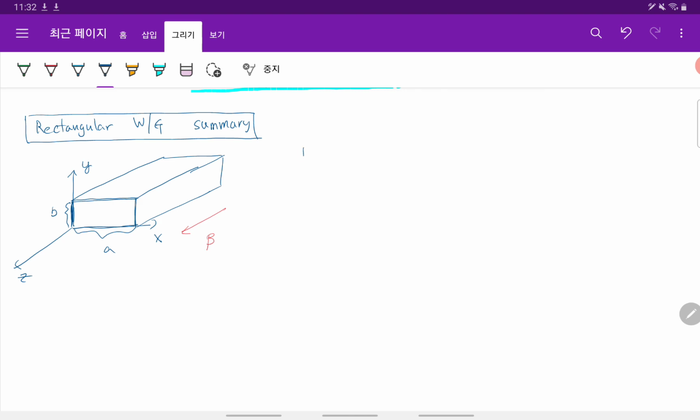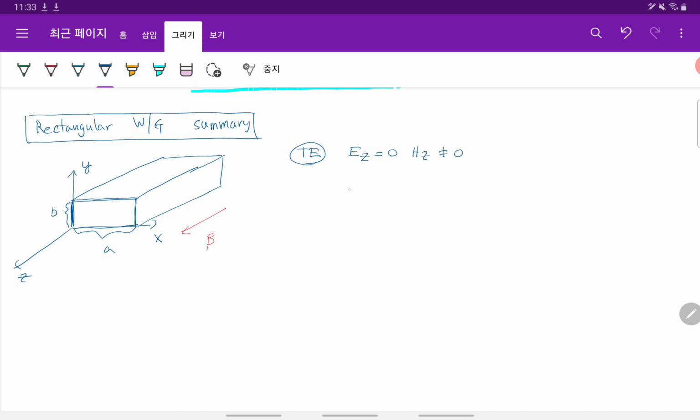For the TE case, TE means transverse electric, so Ez should be 0 and Hz should not be 0.